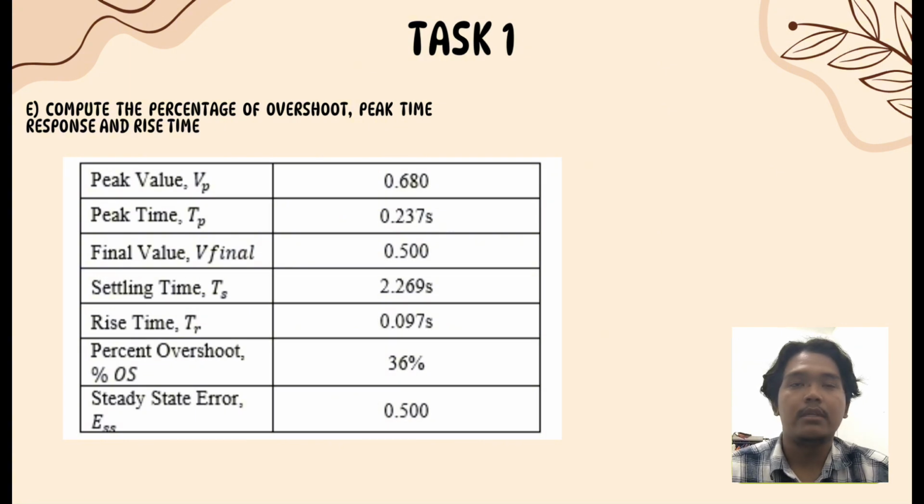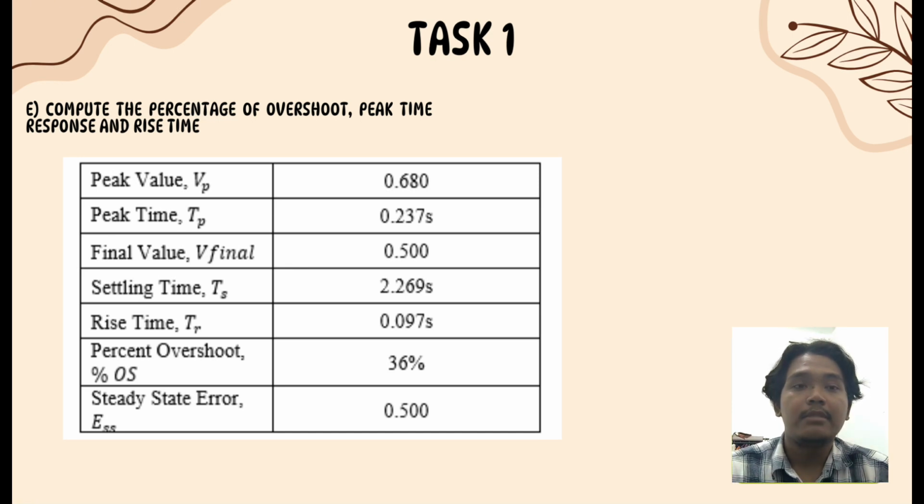We get the value of 0.680. For the peak time TP, we get a value of 0.237 second. For the final value V final, we get the value of 0.500.